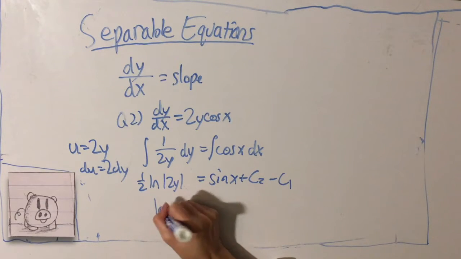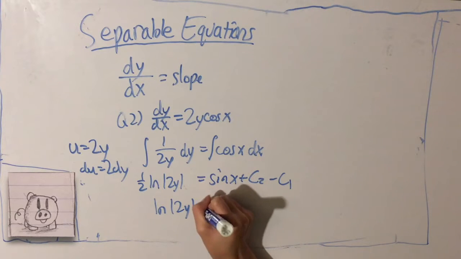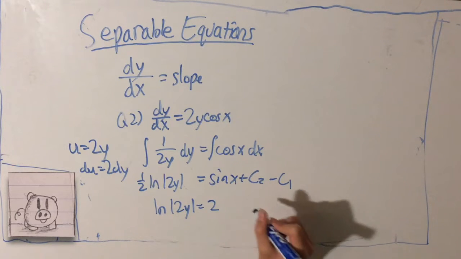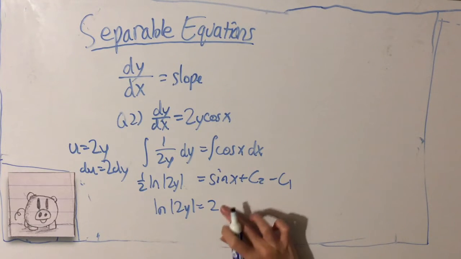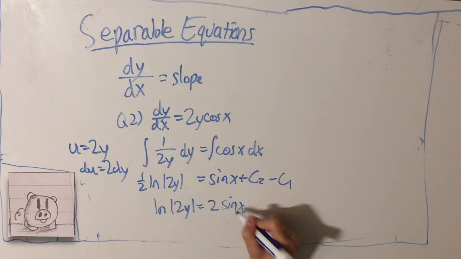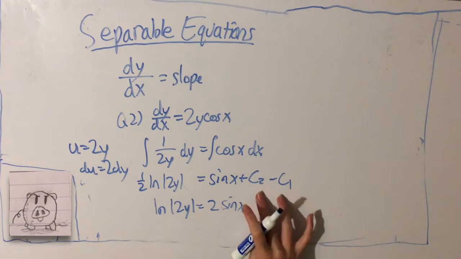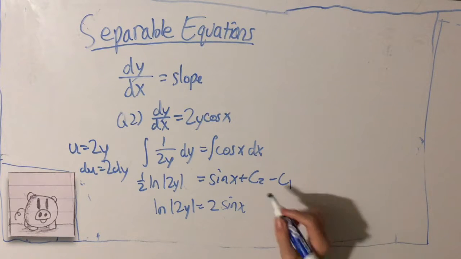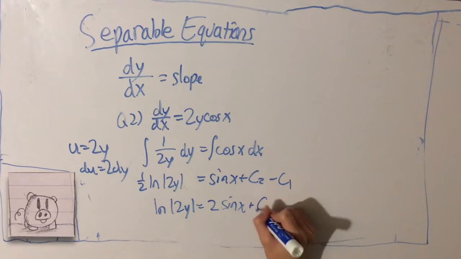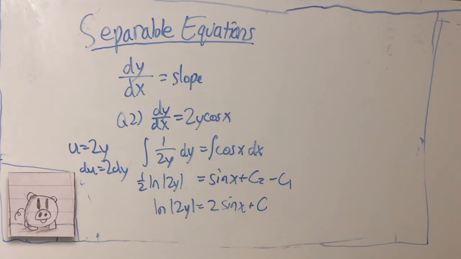This yields ln of 2y is equal to 2 times sine of x. And then again, these two constants are arbitrary, so we can just put them together in one new constant c.